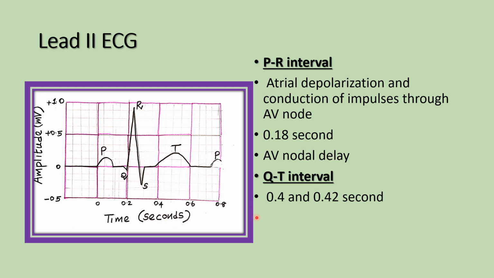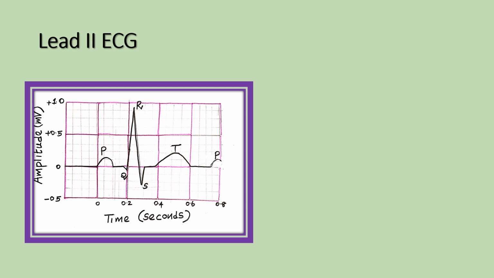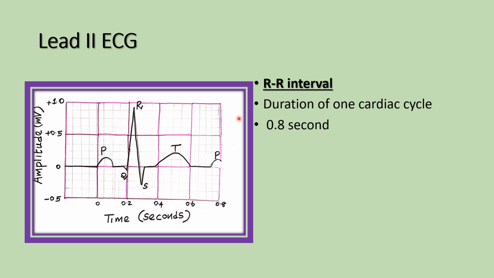It depicts the ventricular muscle activity. RR interval is the duration of one cardiac cycle. The time between two successive R waves is the RR interval. The time duration is 0.8 second.